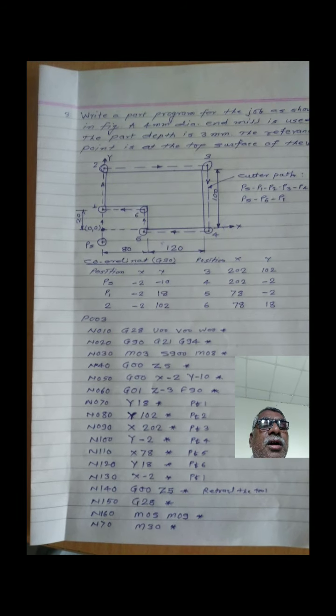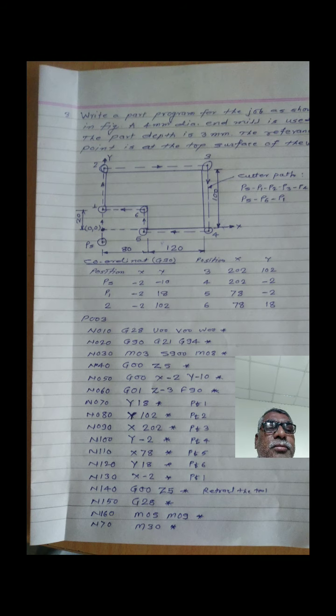It is most important. If you find out the coordinates correctly, you can achieve the 2 marks. 2 marks for cutter path, 2 marks for coordinate measuring system, and the remaining marks for the part program.